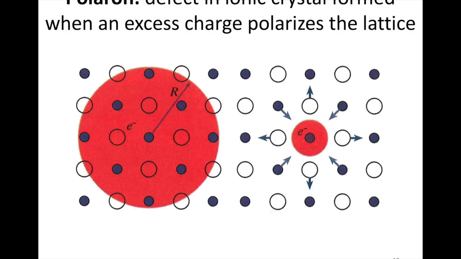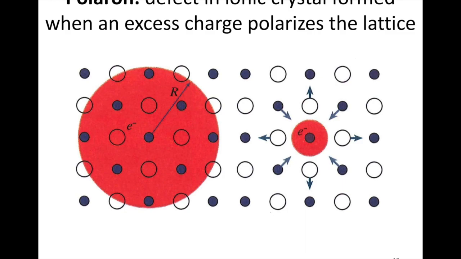An example of these polarons could be an oxygen vacancy, the lack of an oxygen. This can trap an electron. When we have an oxygen vacancy, it can trap an electron, and because of that, the surrounding cations would be attracted to it. We have an extra electron, and that would attract those positive cations and move them towards it.